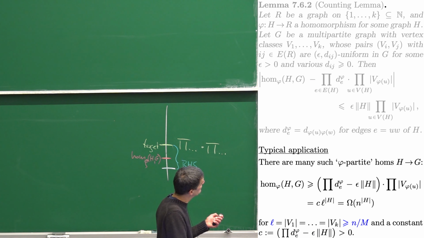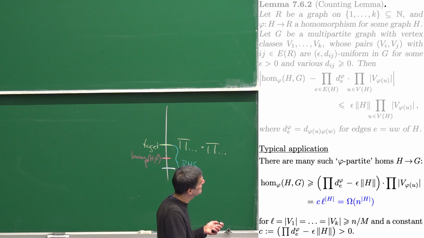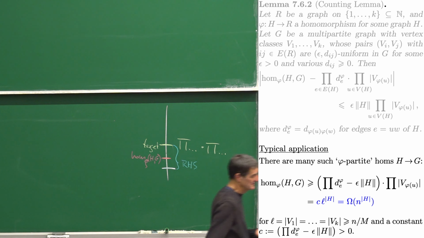And this l grows with G as long as epsilon is fixed and the partition comes from the regularity lemma, because the number of classes is bounded by big M, so the size l of classes grows with little n, the order of G. So C times l to the power of the order of H goes to infinity with n if the constant is positive.